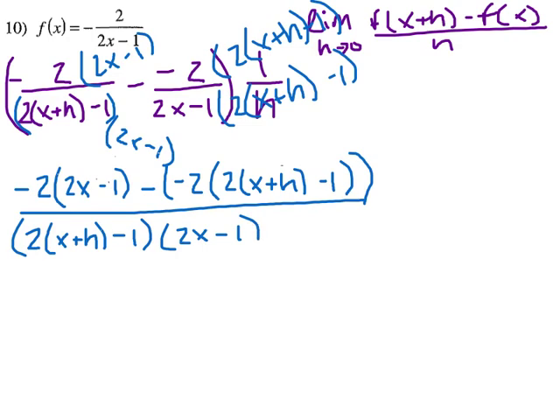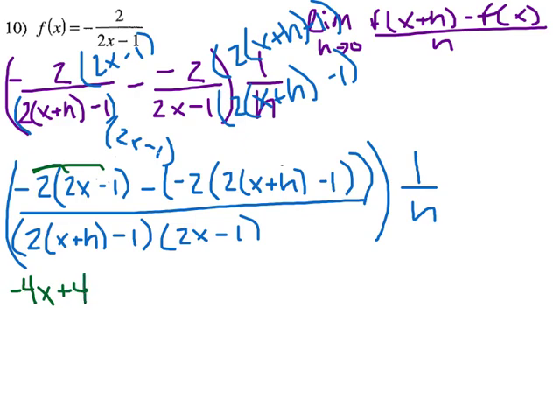Whew, we have a lot of simplifying to do, and please remember that this is times that 1 over h. We can't forget that. And as we're going, we will first distribute this out. We have negative 4x plus 4 minus, we have a lot of work to do inside here before we can actually do much.